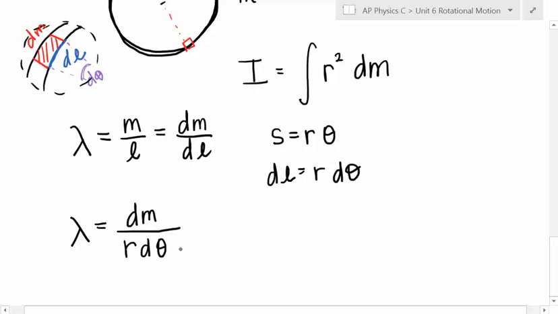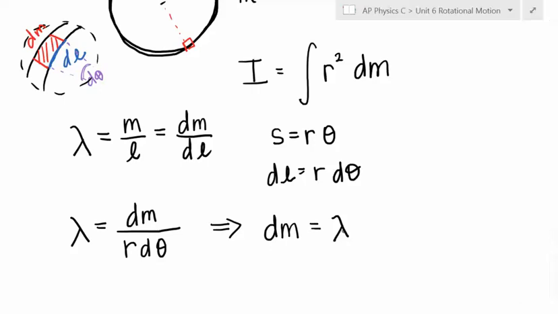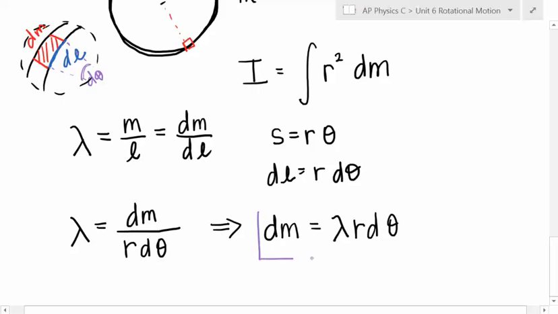So I just made a substitution. Which means that I could come up with an expression for dm in terms of the mass per length, which should be just the total mass of the hoop divided by the circumference of the hoop, right, times r d theta. So now that I've got this function defined here, I can go back in and substitute it right there.